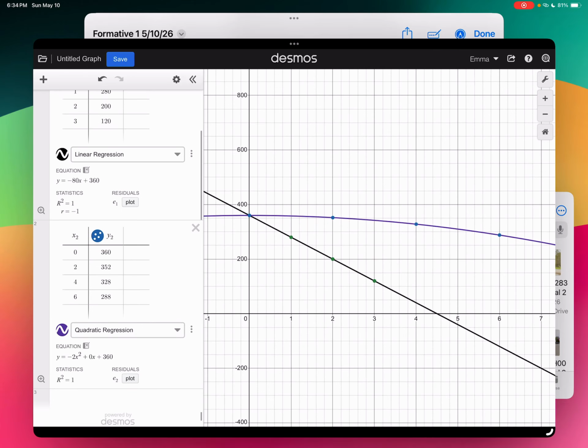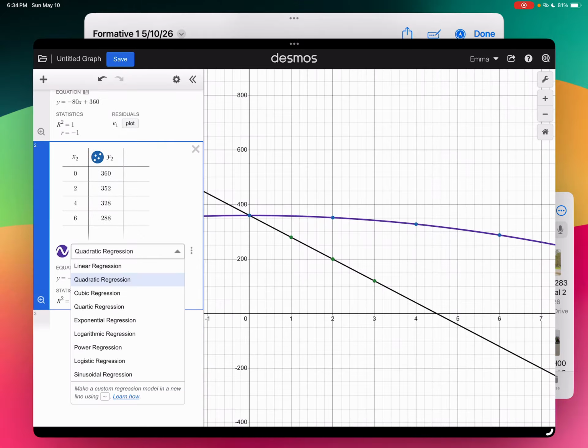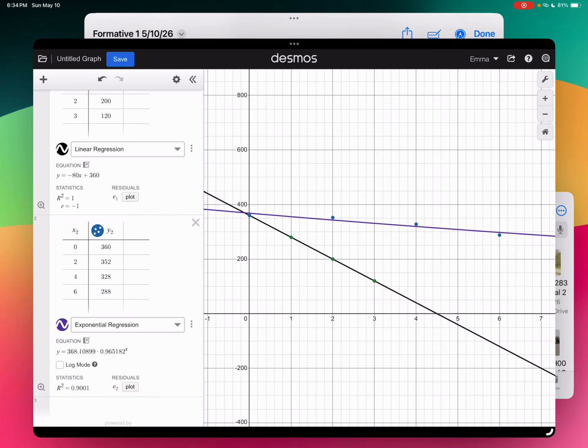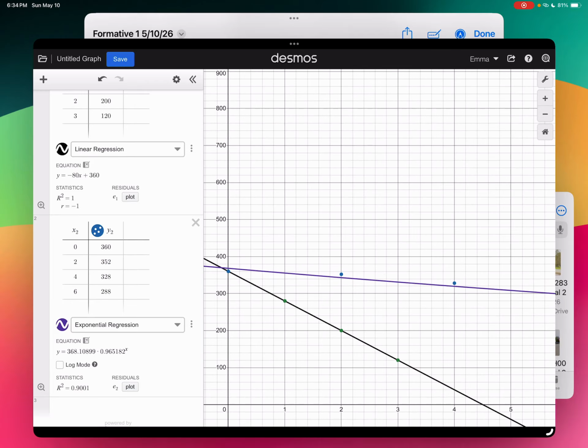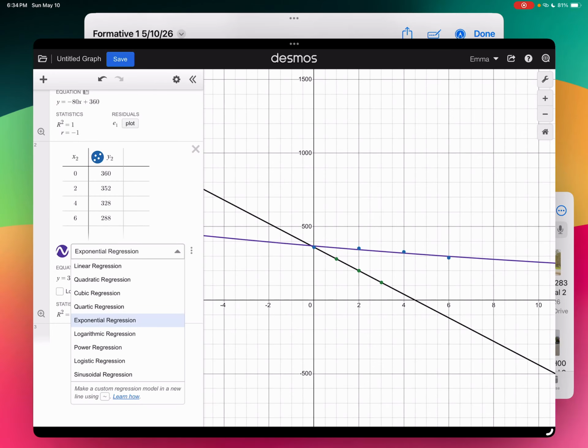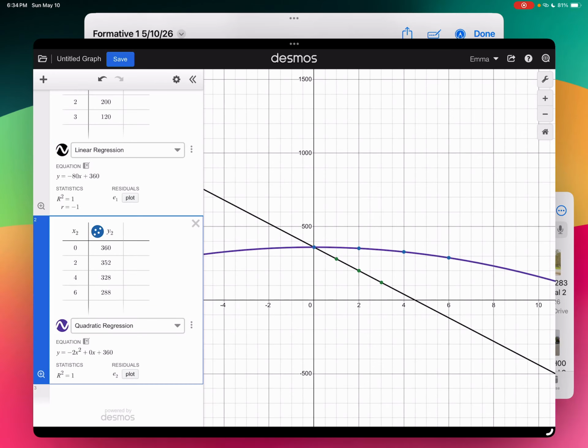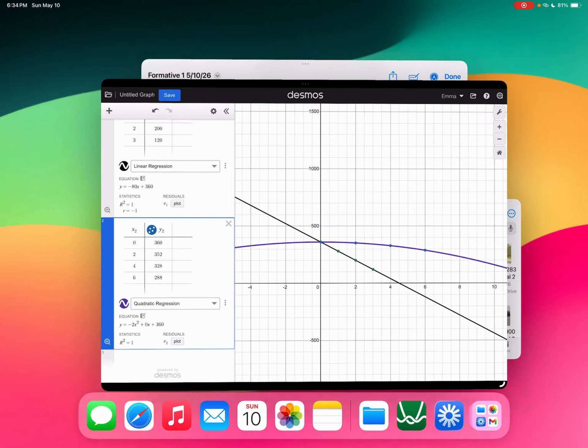Also, your R squared value at the bottom is 1, so that means it is perfectly on there. We can also try exponential. It does look close, but it doesn't align very well. So the best one is definitely going to be quadratic: negative 2x squared plus 0x plus 360.